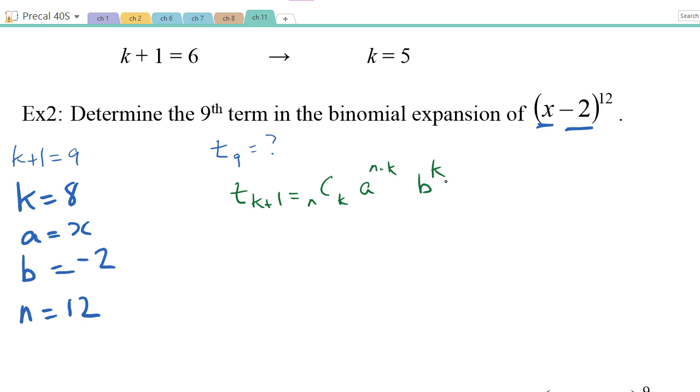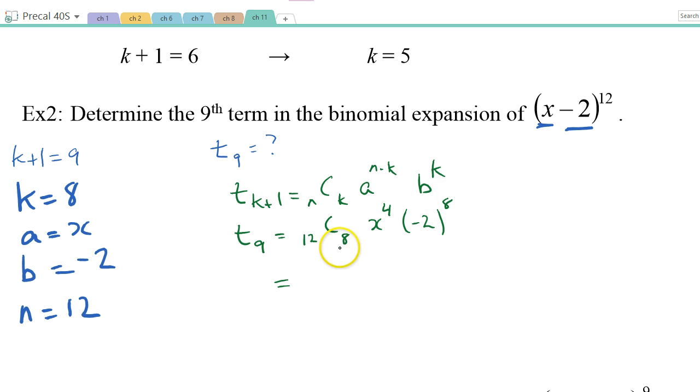So plugging in all our numbers here, we're going to get term 9, because it's 8 plus 1, is equal to 12c8 multiplied by, now instead of writing a, I'll write x to the power of 12 minus 8, which is 4, and b, which is negative 2 to the power of k, which is 8.